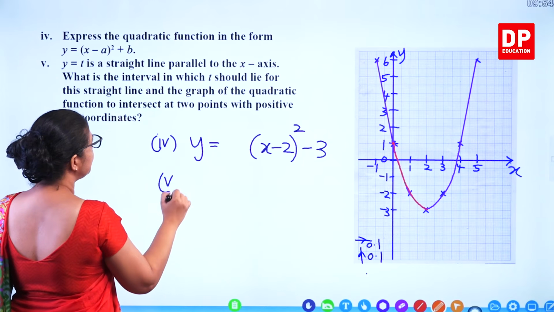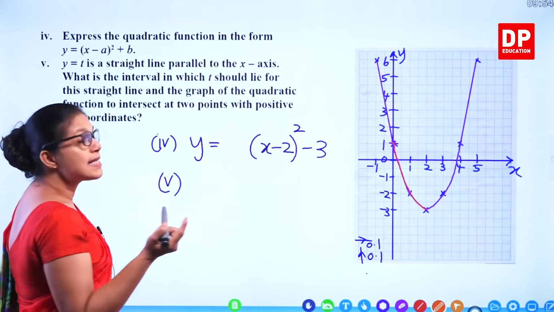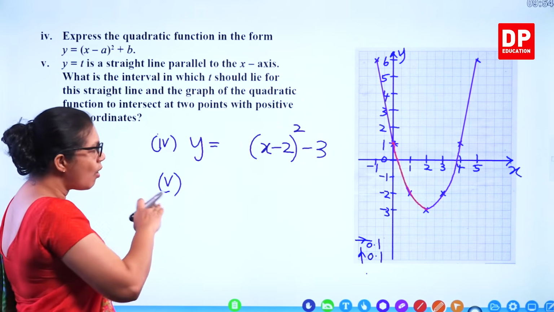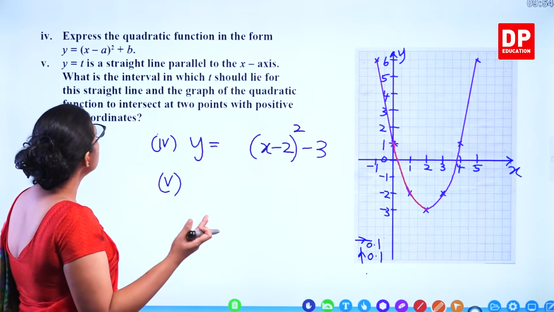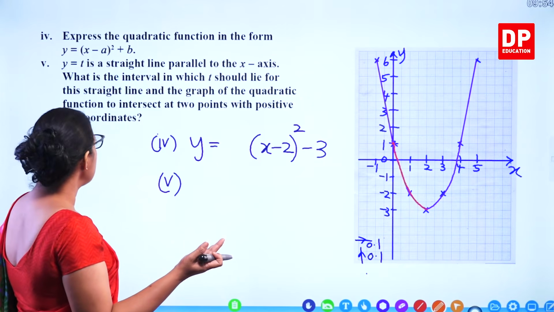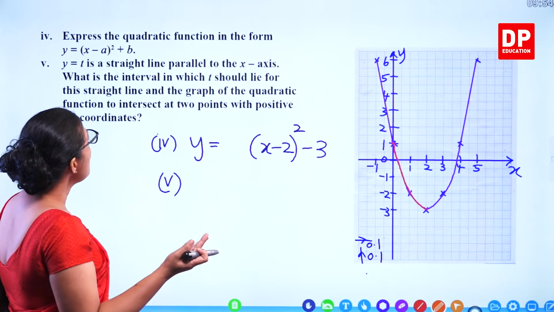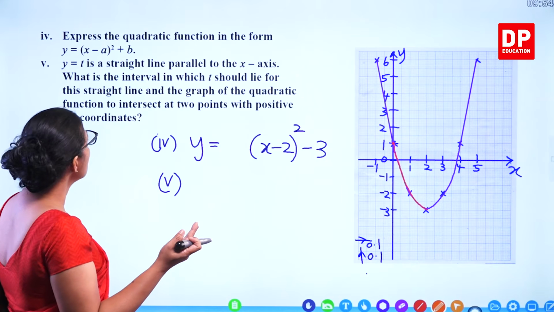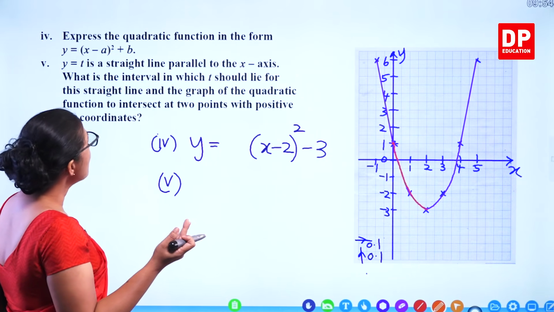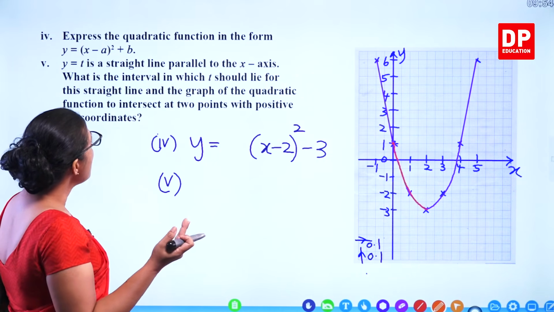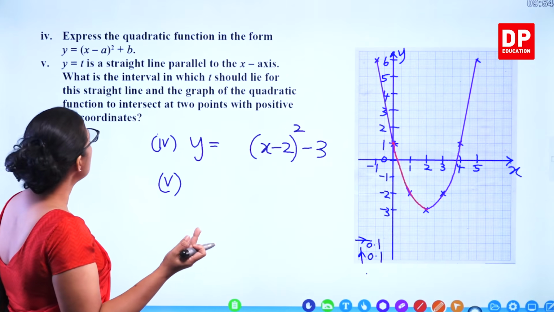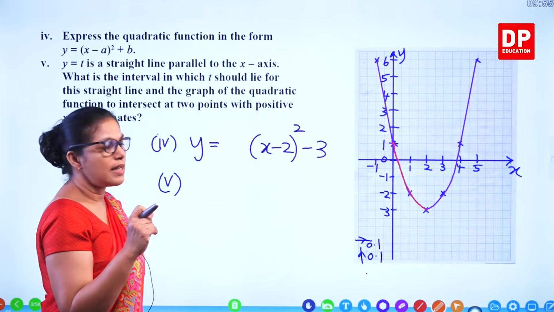5th part, y equals t. Y equals t means a horizontal line. T is a straight line parallel to the x-axis. What is the interval in which t should lie for this straight line and the graph of the quadratic function to intersect at 2 points with positive x coordinates?